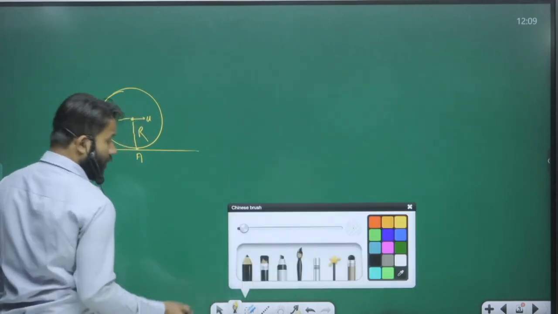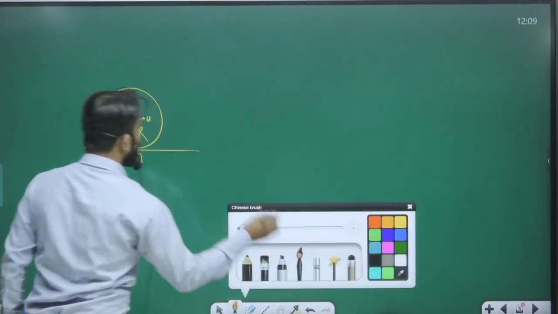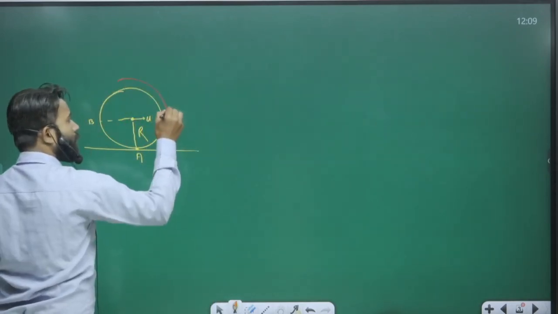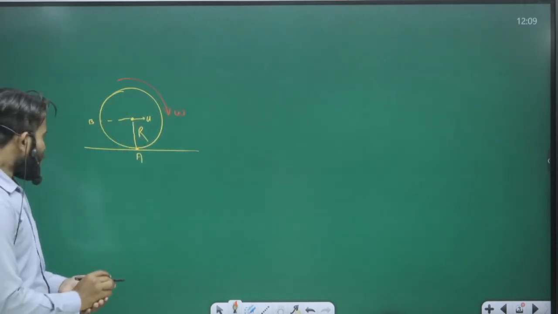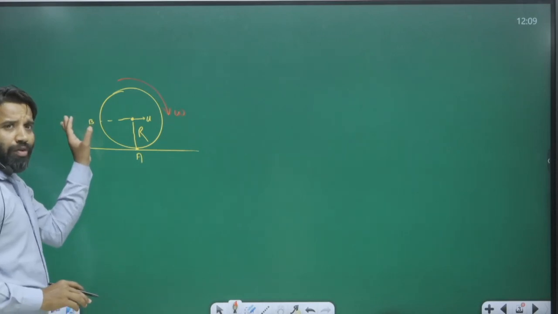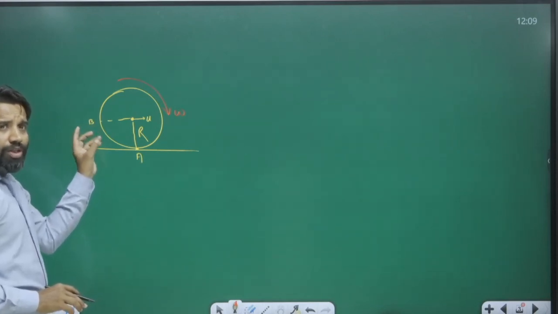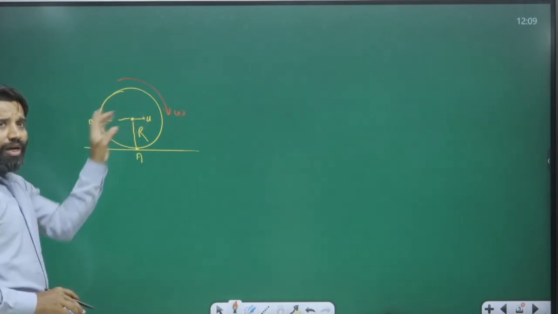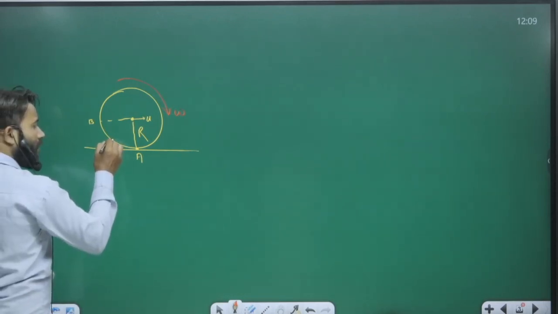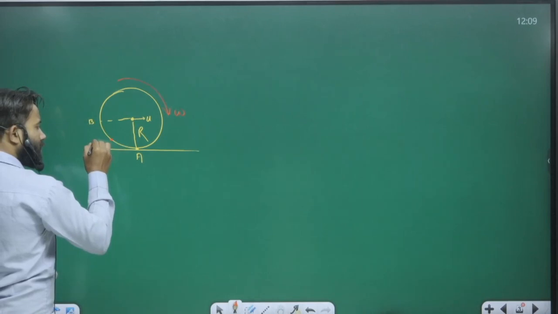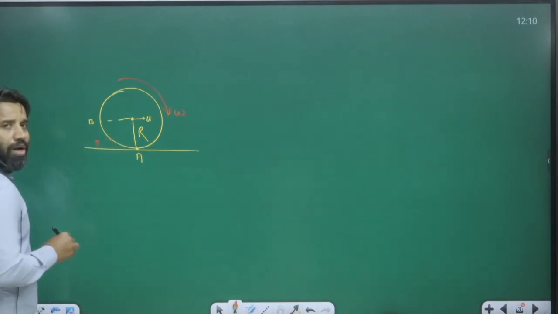Again, this body is rotating with some angular velocity omega. Okay. Now, in the previous part we have discussed the velocities of points A, B, C and D, but if we need to find out the velocity of any general point, say this general point is P. Okay.